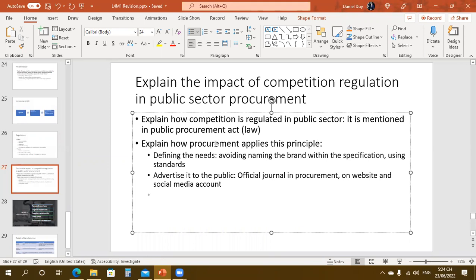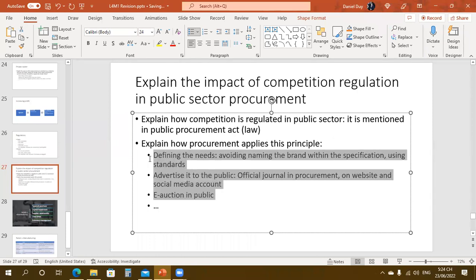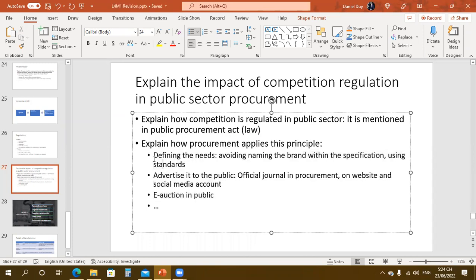Yeah, you can use e-auction in public procurement, so that everything is transparent and maximizes the competition. Yeah, you may have other ideas. By now, due to shortness of time, I already produced the 3 points.